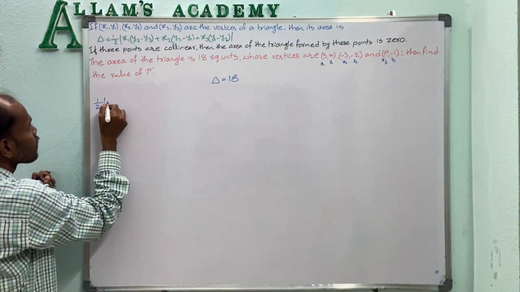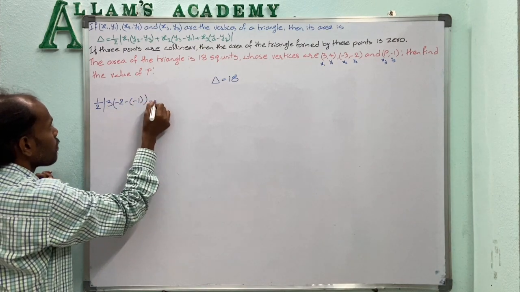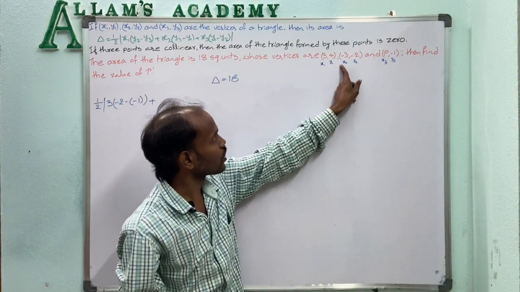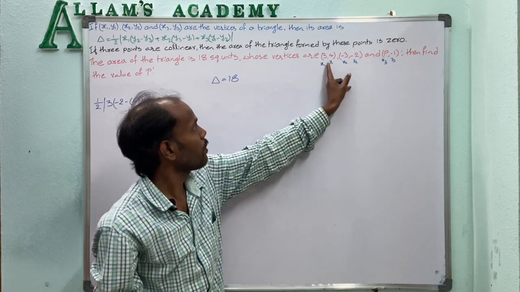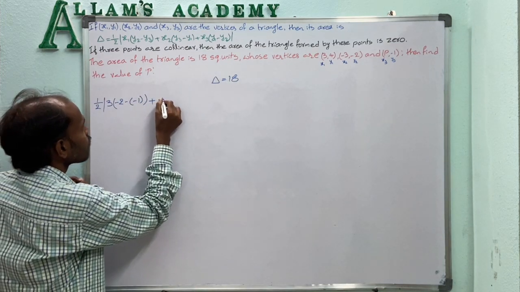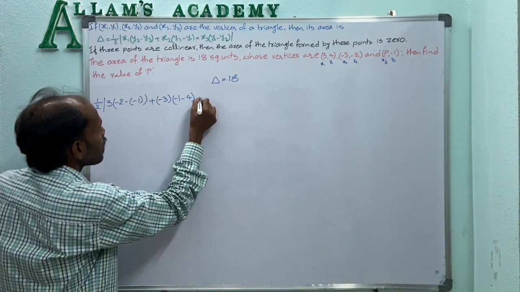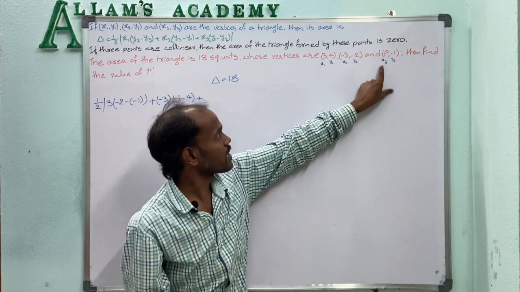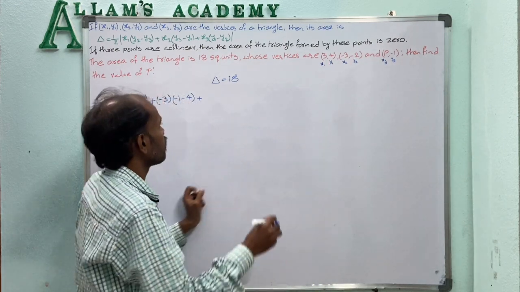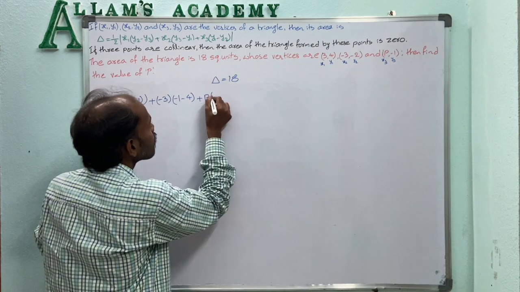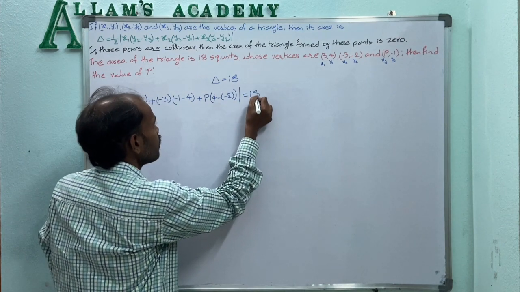So 3 into minus 2 minus of minus 1, plus x2 into y3 minus y1, minus 3 into minus 1 minus 4, plus x3 into y1 minus y2, so p into 4 minus of minus 2, is equal to 18.